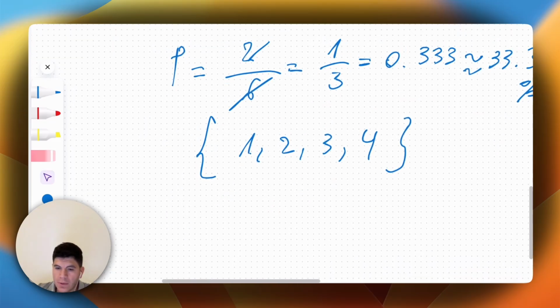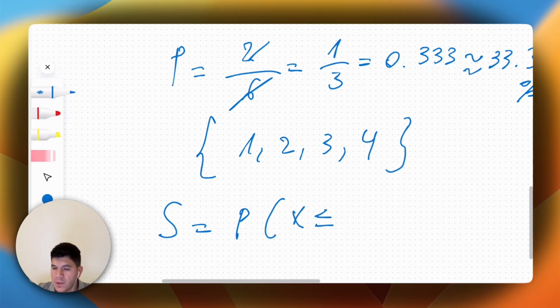So for the probability of this event occurring, I mean the numbers that we can get, the natural numbers, because otherwise it can be negative as well. It should fulfill the requirement of being less than or equal to 4.